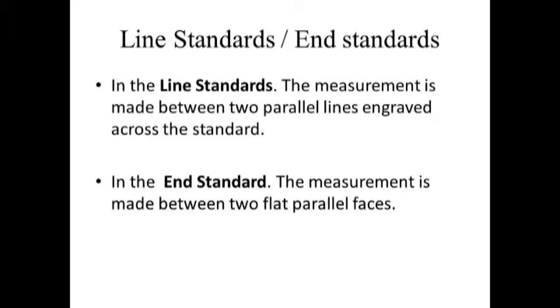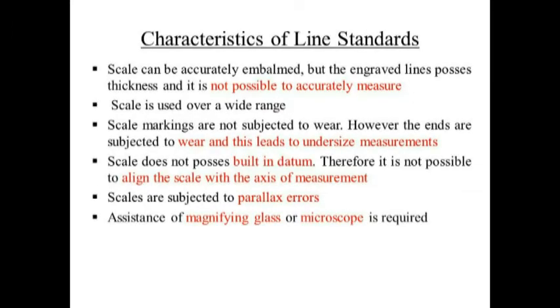Some characteristics of line standards are that scales can be accurately engraved, but the engraved lines themselves possess thickness, and it is not possible to take measurements with high accuracy.